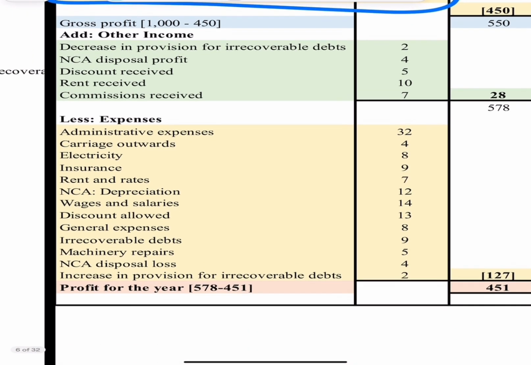Under expenses, these are some of the examples that I've listed: administrative expense, carriage outwards, electricity, insurance, rent and rates, depreciation of non-current assets, wages and salaries, discount allowed, general expense, irrecoverable debts, machinery repairs, non-current asset disposal loss, increase in provision for irrecoverable debt. In this specific past paper question, we'll be looking into another expense type, which is provision for insurance claim.